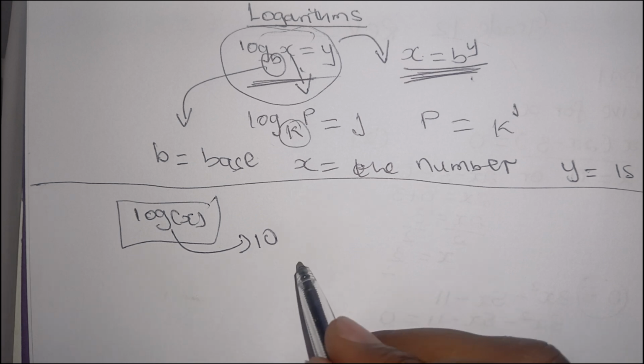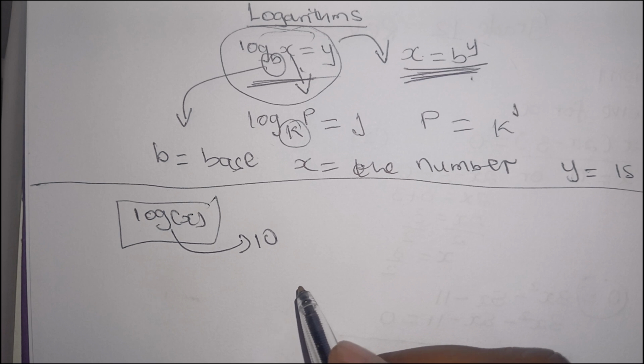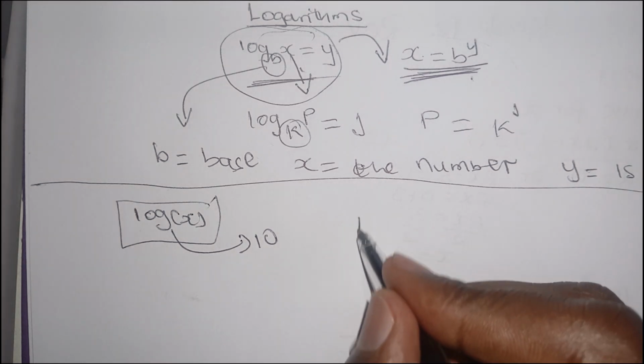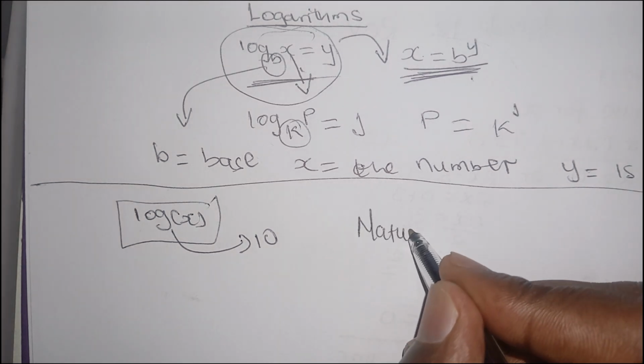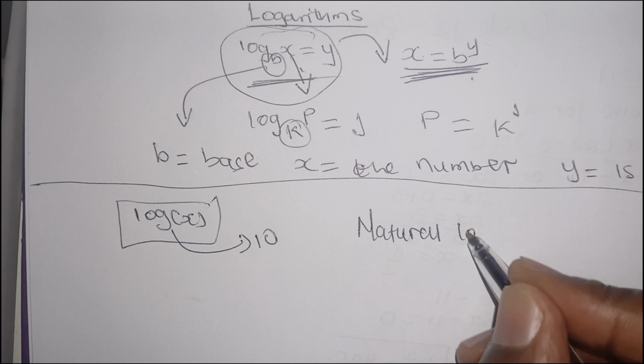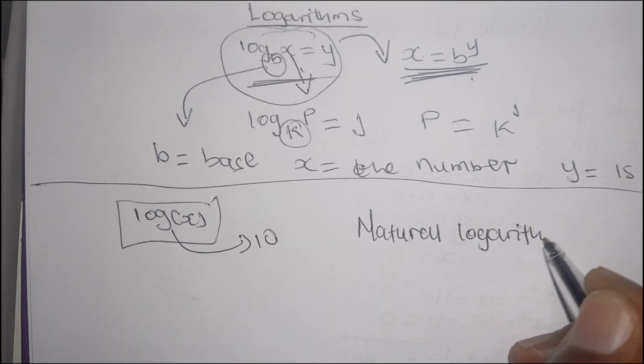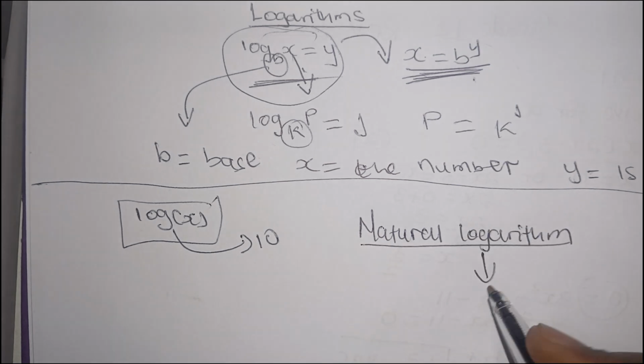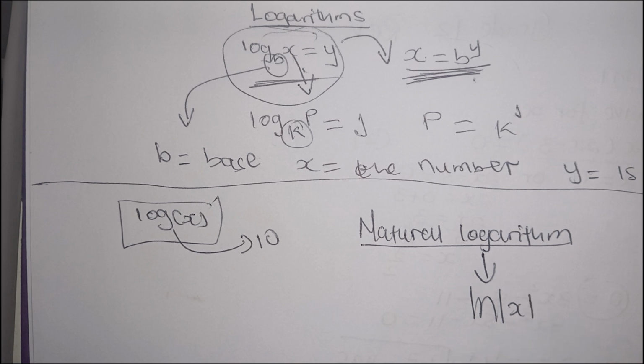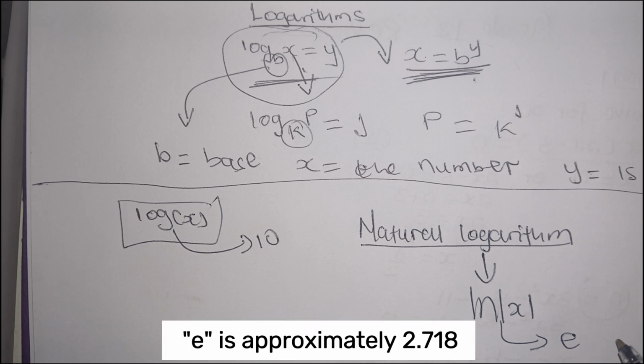Now let's talk about natural logarithm. This one has a base of e, which is approximately 2.718.